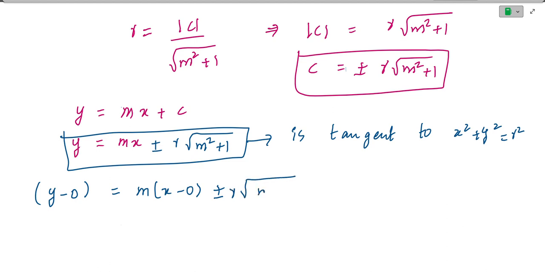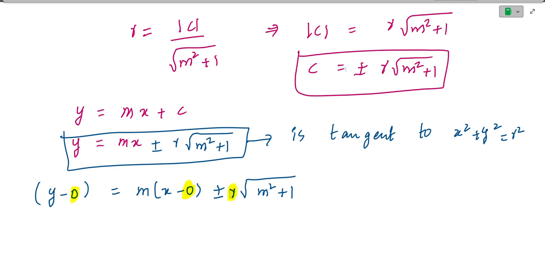So if you observe here the 0 and 0, the 0 comma 0 is the center of the circle x square plus y square is equal to r square. So this is the radius of the circle. I just wanted to highlight these.